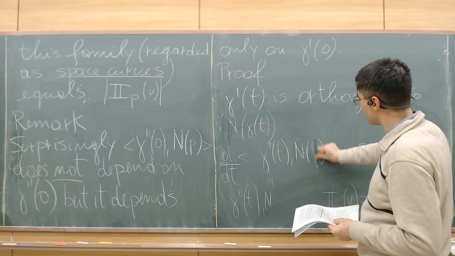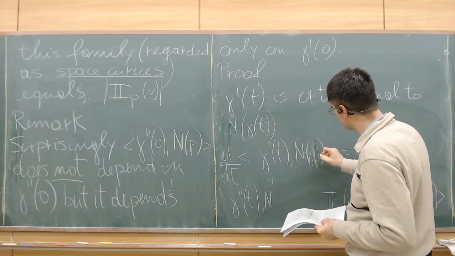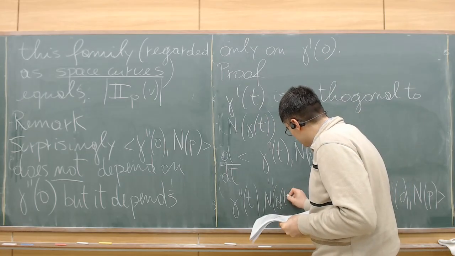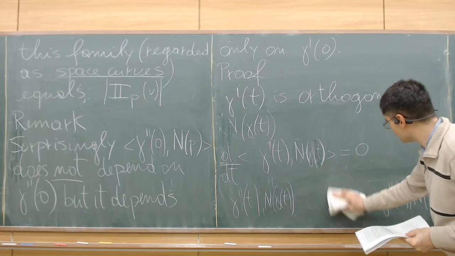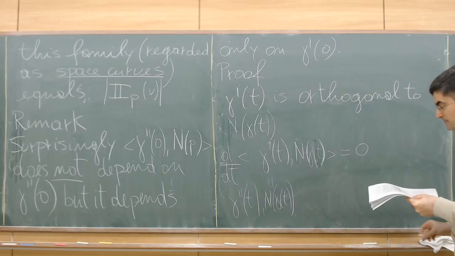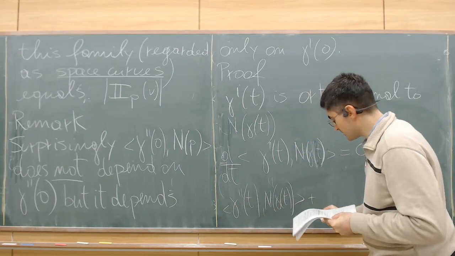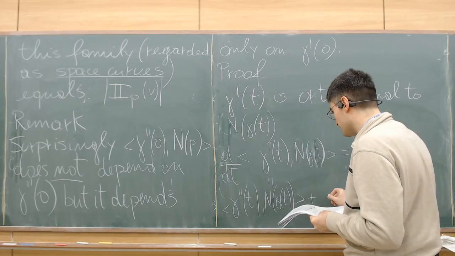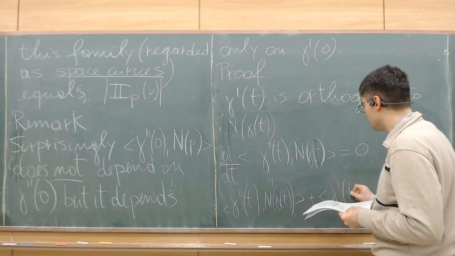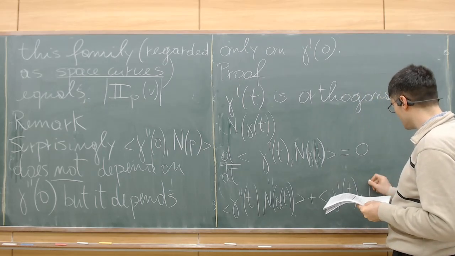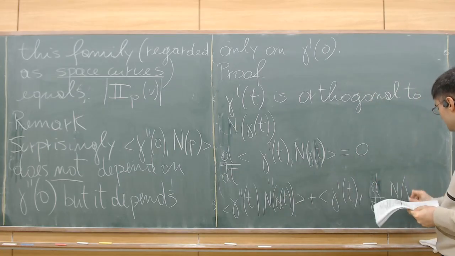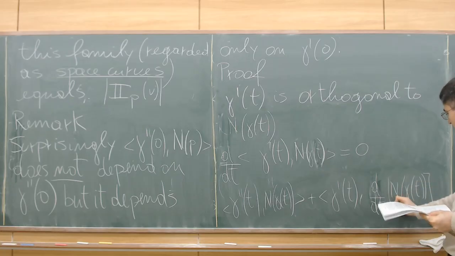So instead of writing n of t, I should have written n(gamma(t)), plus gamma prime(t) multiplied by d/dt n(gamma(t)).